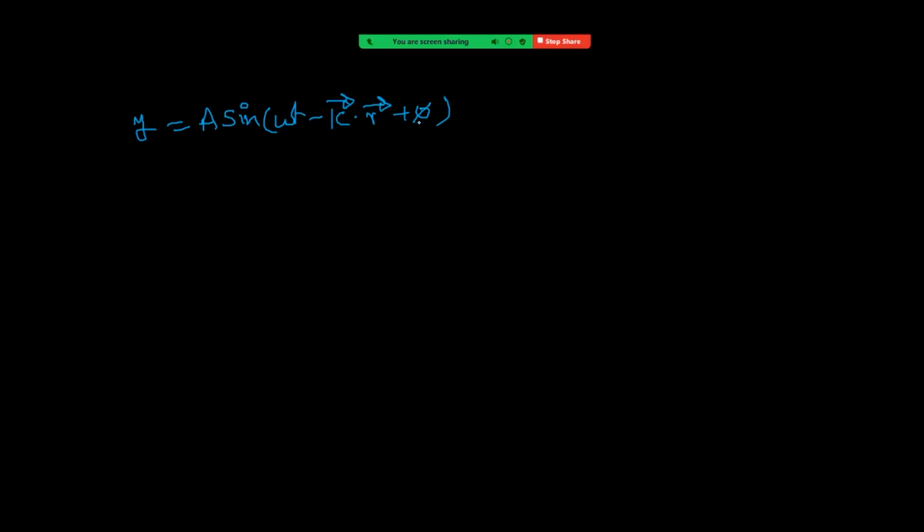Students, earlier we have taken omega t minus kx plus phi when the wave was propagating along the positive x-axis, because in that, energy propagation was confined to one direction, means one line, you can say x-axis. But now it is in three-dimensional space. It is now k bar dot r bar.